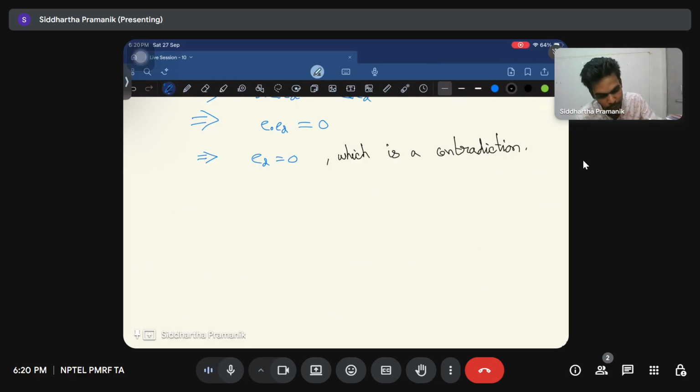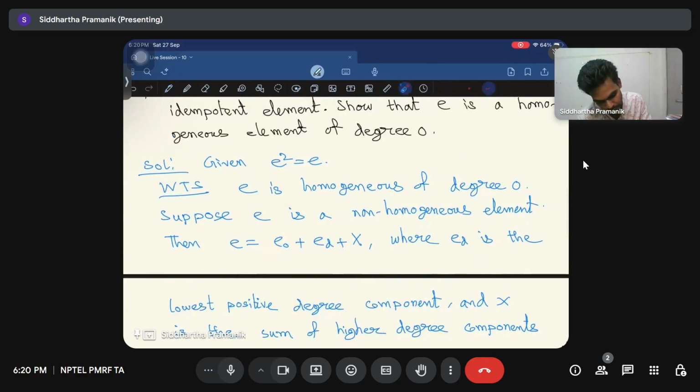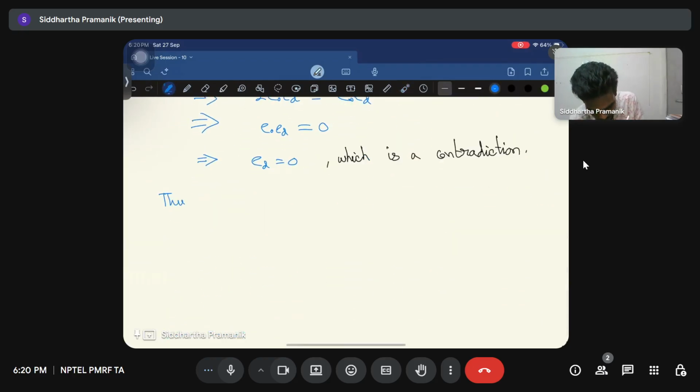So what we have assumed is wrong. What we assumed is that E is a non-homogeneous element. So this is wrong. Thus E is a homogeneous element.